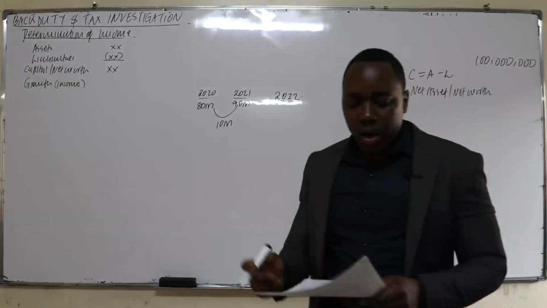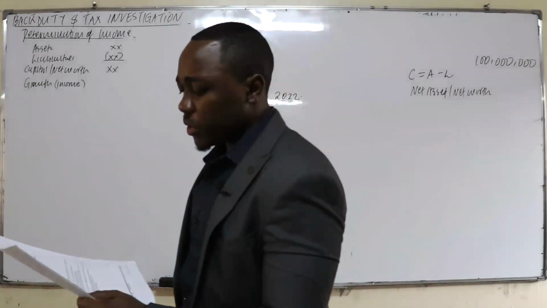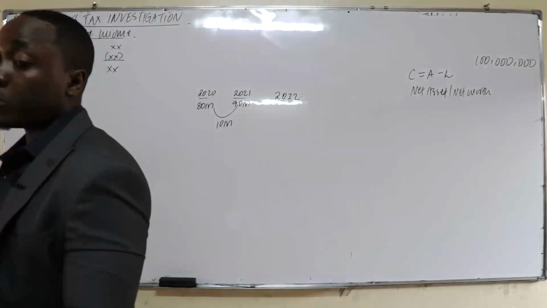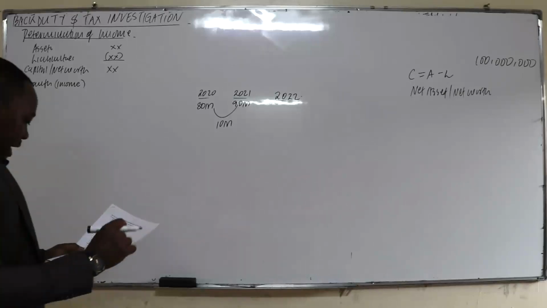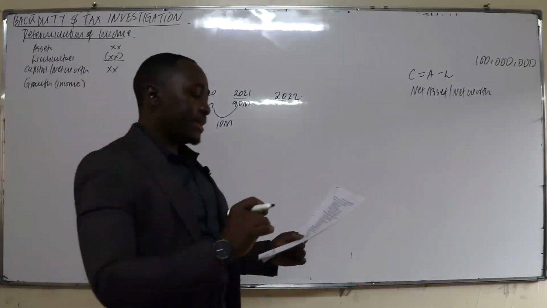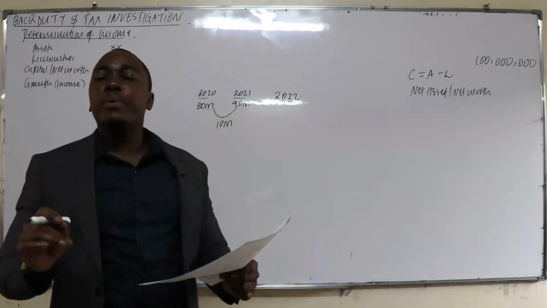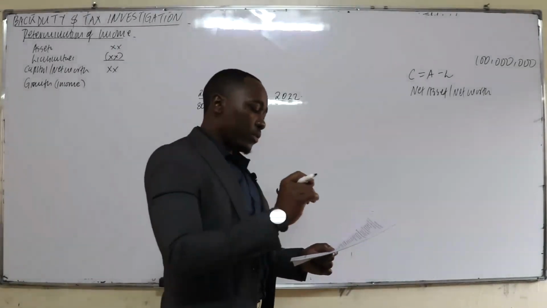So now let's look at determination of income. This uses the principle of capital computation. To determine the individual capital or wealth, one is required to apply the accounting equation. That is capital: you take the assets minus liability. A capital statement is used in estimating the taxable income, and it shall be prepared as follows. That applies to an individual.